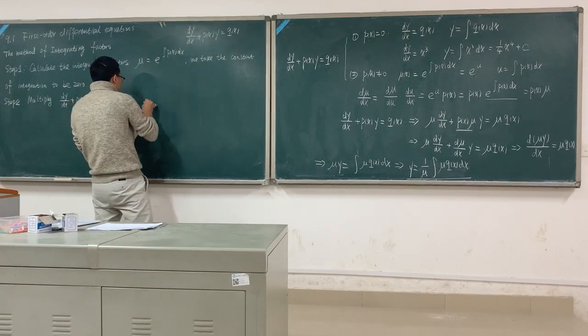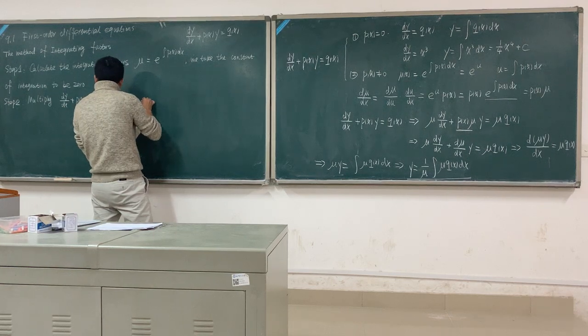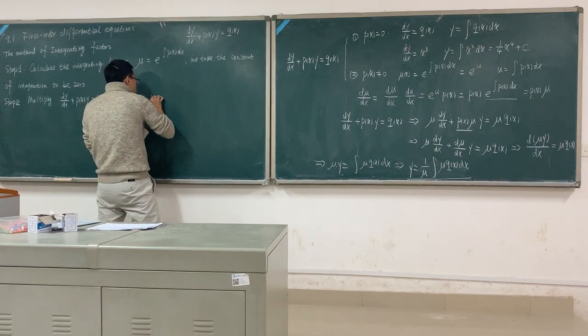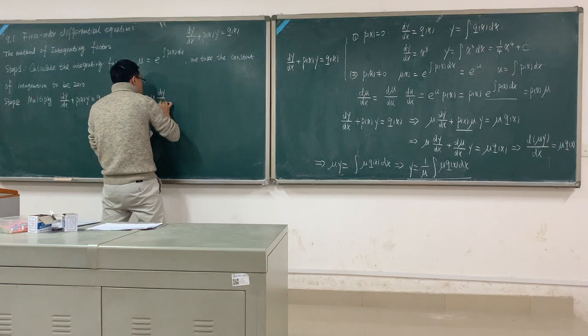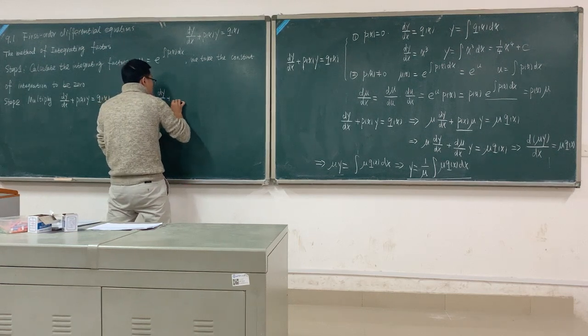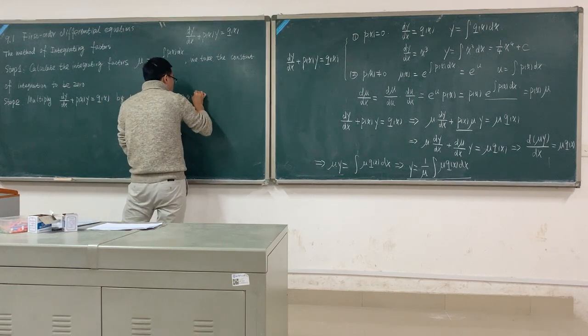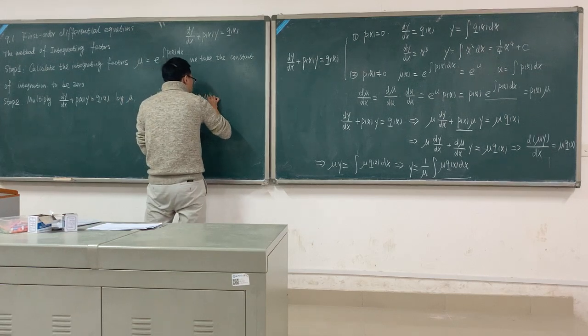So here we have mu dy/dx plus mu p(x)y equal to mu q(x).